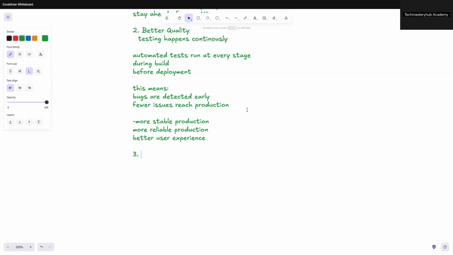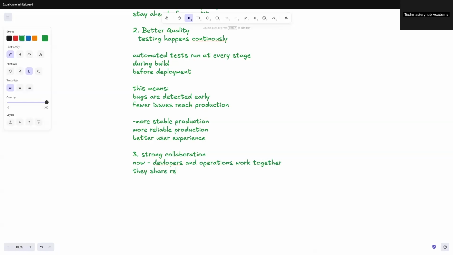Now third benefit is strong collaboration. Remember, earlier we discussed the problem of team silos. DevOps solves that. Now, developers and operations work together.